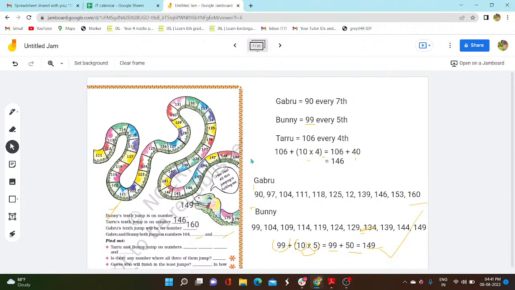Now we have both Gabru and Bunny over here and their numbers and counts. Now we can circle the common ones and find out which numbers both Gabru and Bunny are jumping on. So we can circle those numbers. The first one is 104.